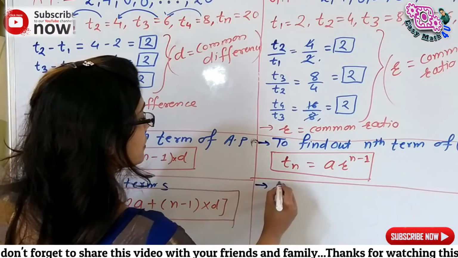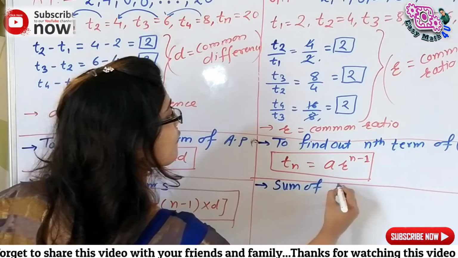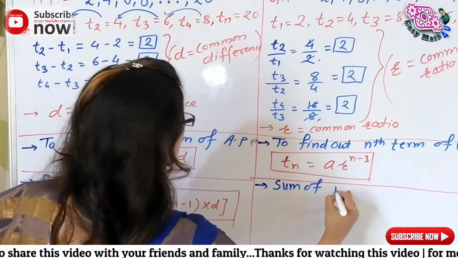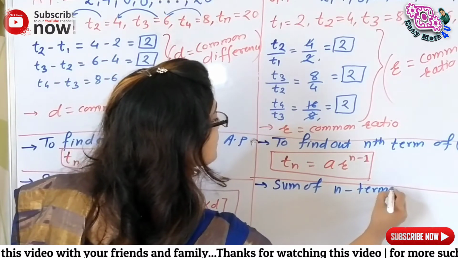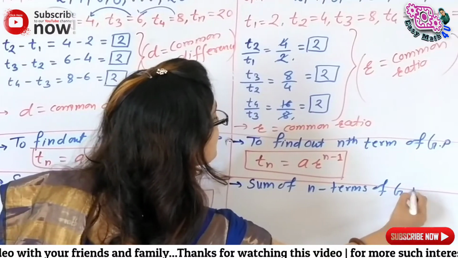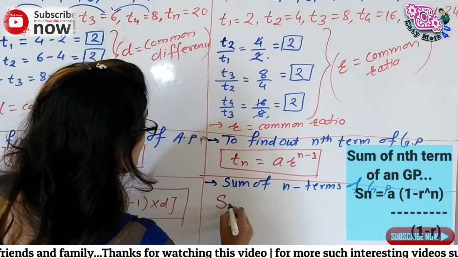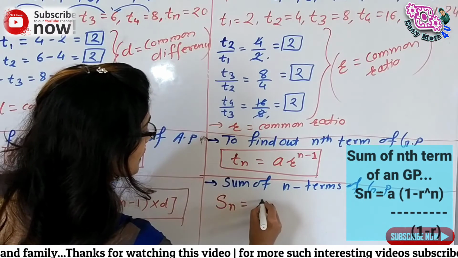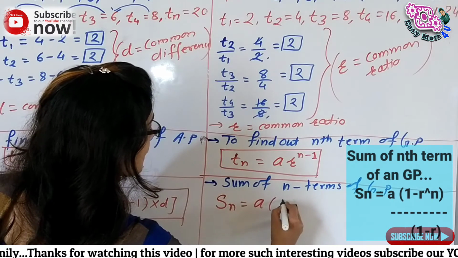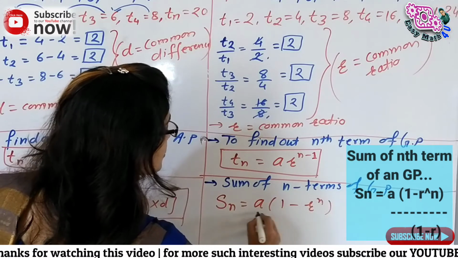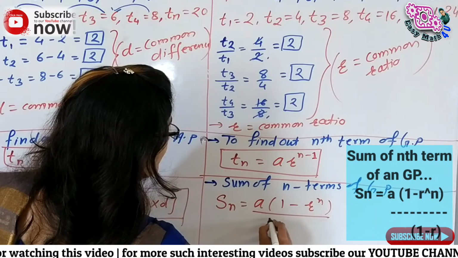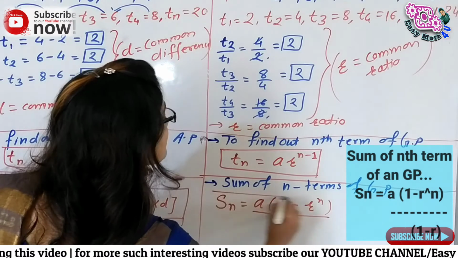Now to find the sum of n terms of a GP, the formula is S of n is equal to A in bracket 1 minus r raised to n, divided by 1 minus r.